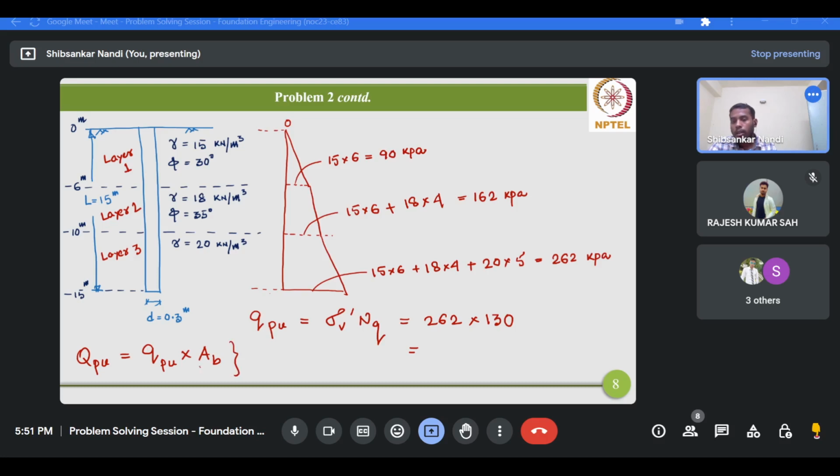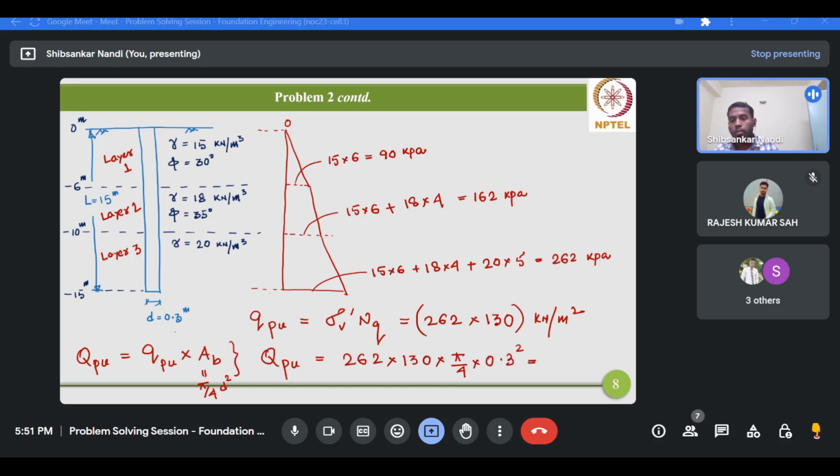So AB. Now what is AB? This AB is simply pi by 4 d square, since this is a pile shaft of diameter d. And QPU you can calculate from this expression, 262 multiplied by 130, this much kilonewton per meter square. So obviously this ultimate point bearing resistance would be 262 multiplied by 130 multiplied by pi by 4 into 0.3 square.